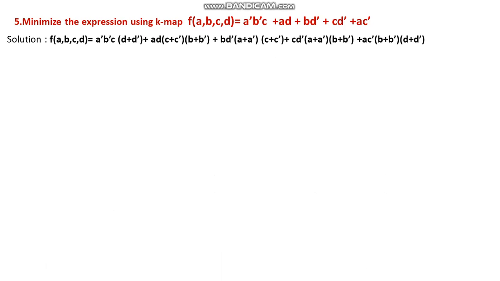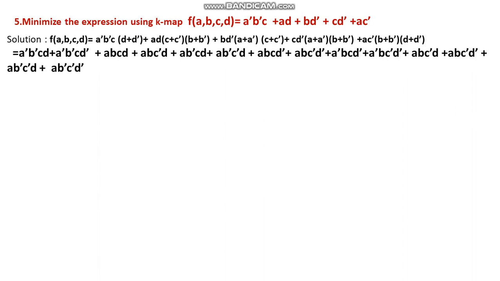First find the missing literal, then AND with the literal and its complement, right? Then simplify that and we will get a canonical form like this. Okay, so in lecture 1 we have solved so many problems on how to convert a Boolean expression into a canonical form. The same steps you have to follow to get this canonical form expression, right?